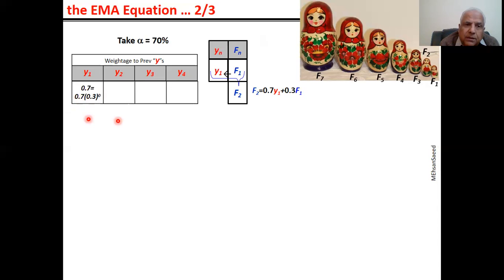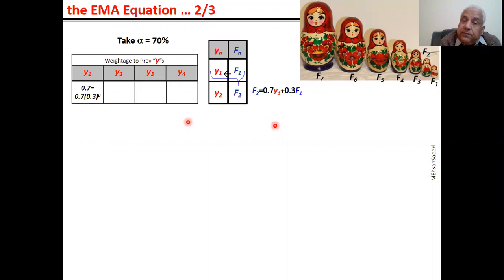Okay. So the forecast for house number 2 was F2. This house has been completed in Y2 days. So this is now the actual value of house number 2. We have the forecast and the actual values of house number 2, based on which we can forecast house number 3.